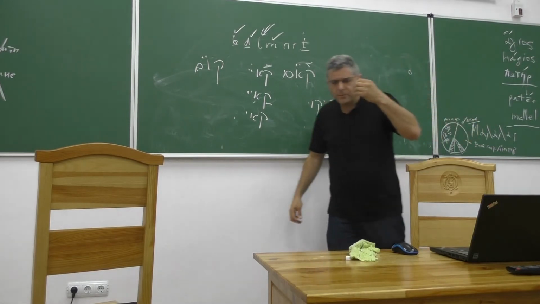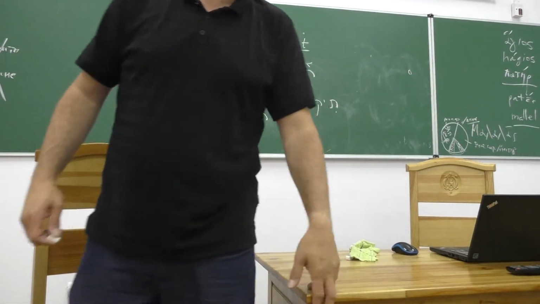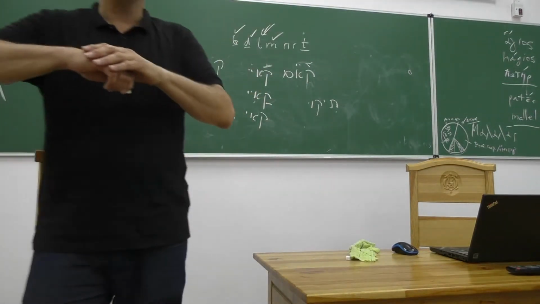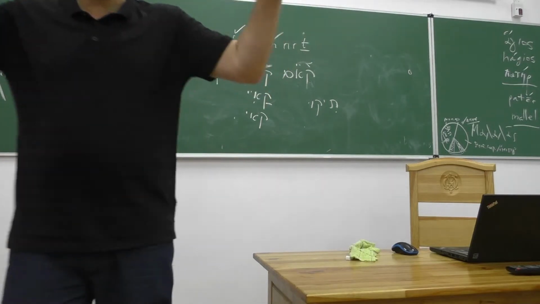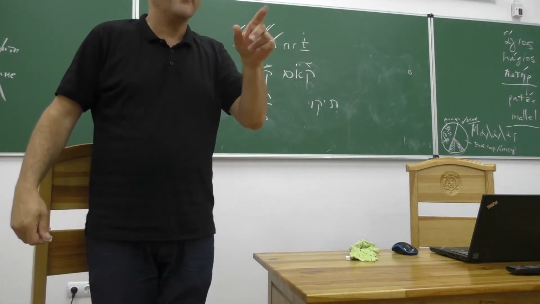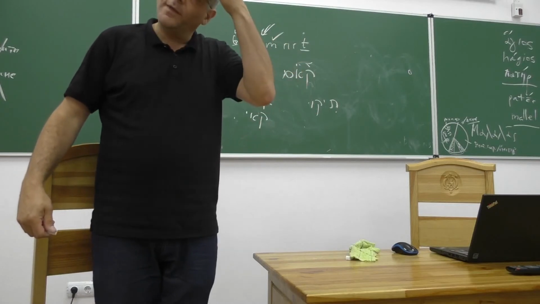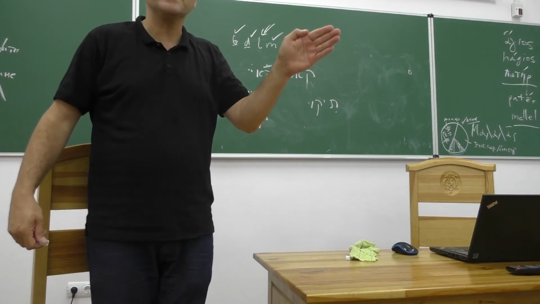So this isn't some strange phenomenon that I found in some old manuscript. This is extremely common in all texts, but the more you go back to the early manuscripts, the more examples you will find.